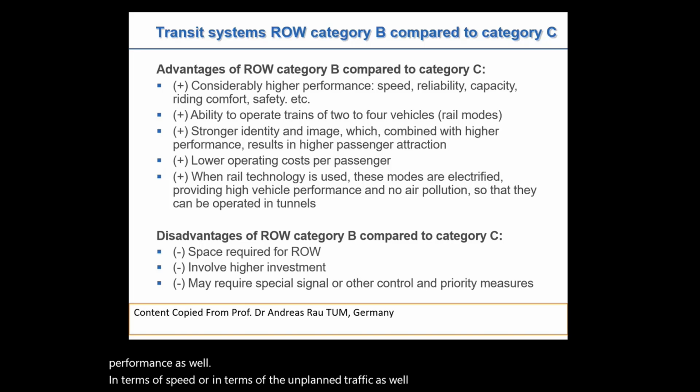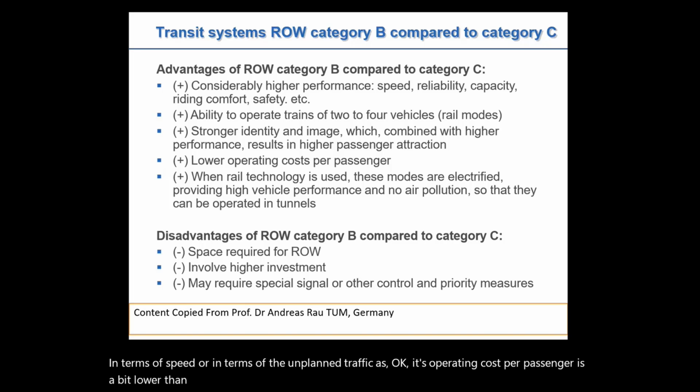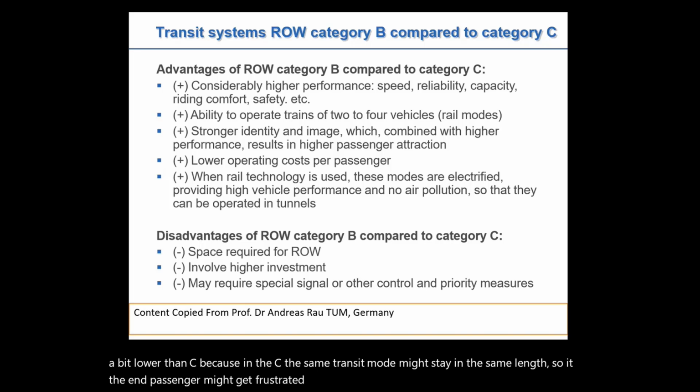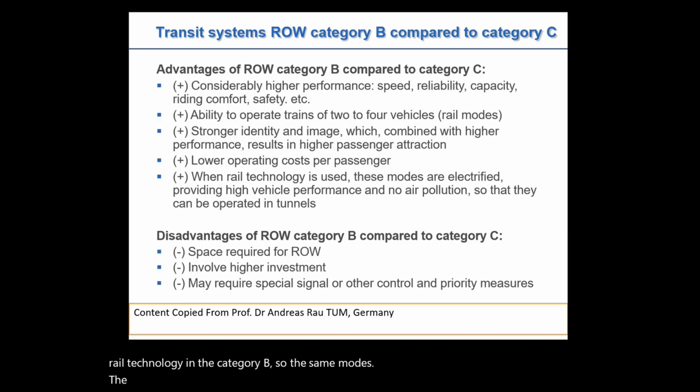Okay, its operating cost per passenger is a bit lower than C, because in C the same transit mode might stay in the same lane. So at the end, passengers might get frustrated because of the longer travel time. So when we usually use rail technology in category B, in right of way category B, it's sometimes electrified, sometimes diesel based, and sometimes solar based as well.